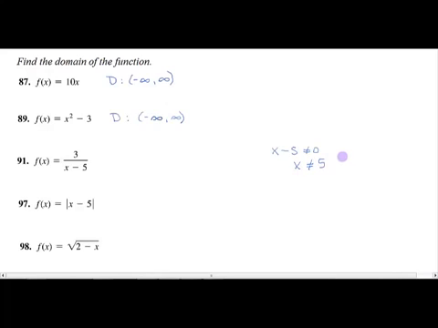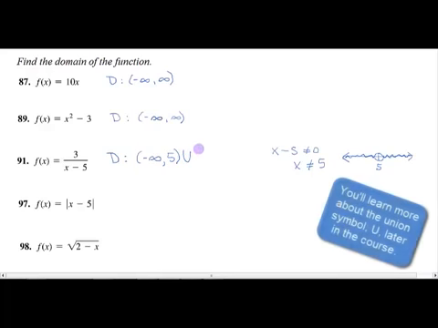Let's think about what that looks like if we would graph it. Here's 5, and it's not including 5, but it's including everything else. So if we put this into interval notation, we would have negative infinity to 5, put a parenthesis so it shows that you're not including 5, union, parenthesis, 5, comma, infinity.